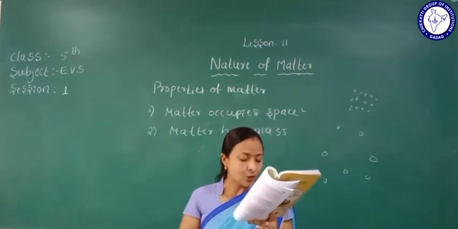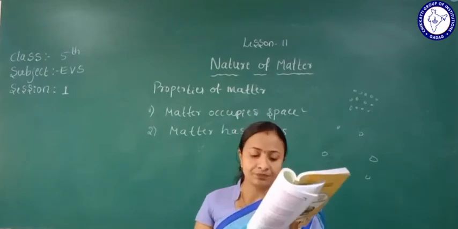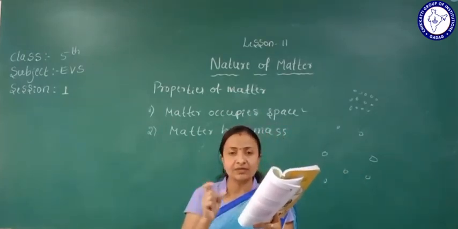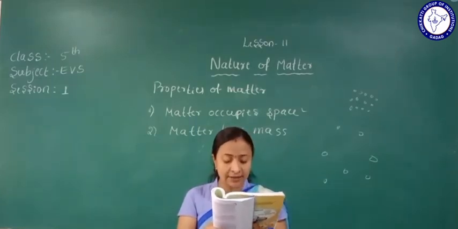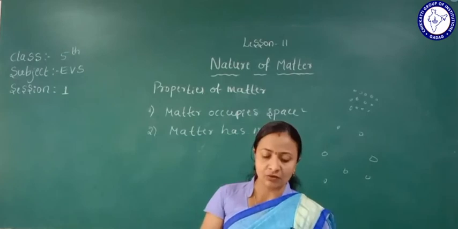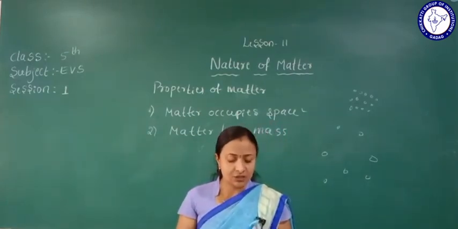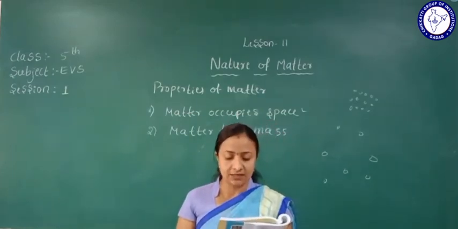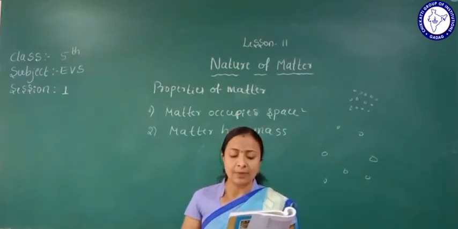Is it possible to keep both the pans equal? Try it and see whether it happens or not. So we understand all matter has weight. Students, matter is a total sum of many particles, so it has mass. Matter is made up of very small, minute particles.